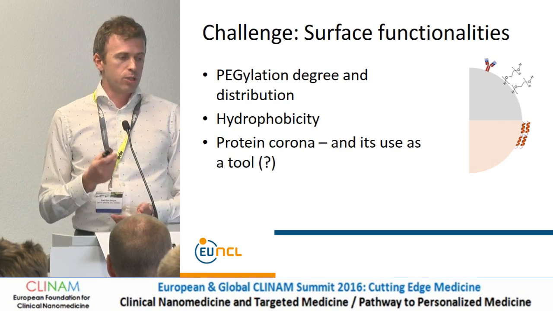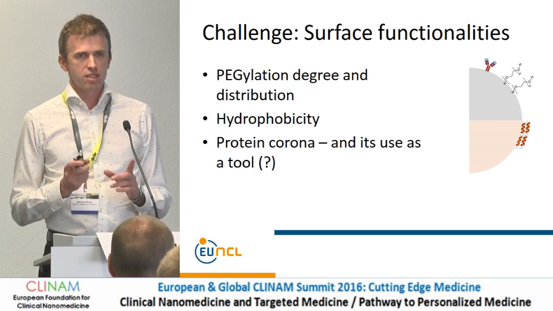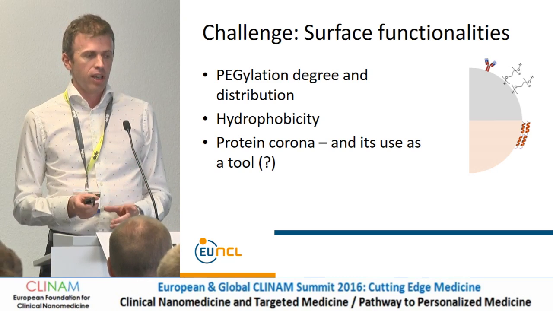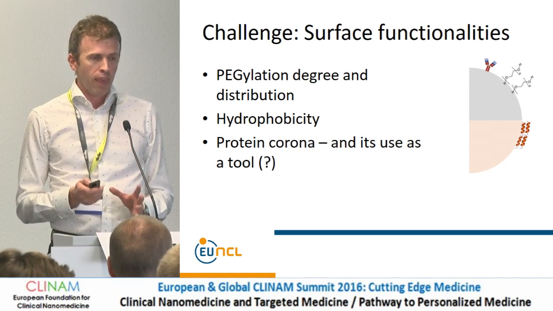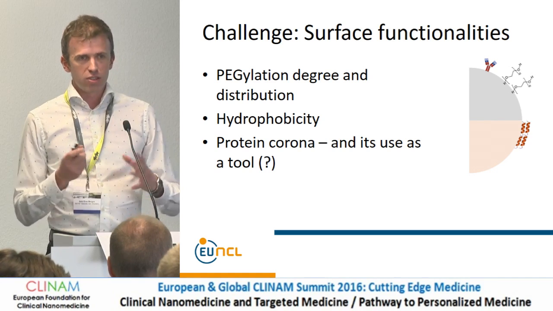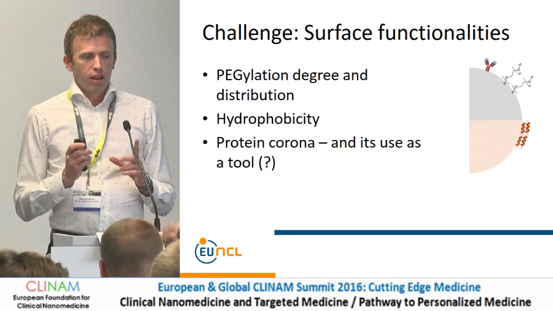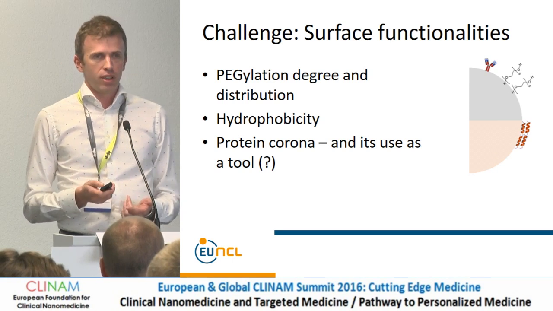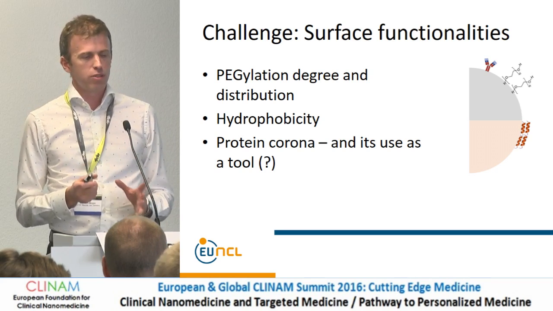Then a couple of specific challenges. Surface functionalization is still difficult to measure, especially if you want to do the topography, the mapping of it as well. It's not only the degree, but also the distribution of functionalities. This is tricky. Hydrophobicity is another parameter that is very relevant and not necessarily so easy to measure.